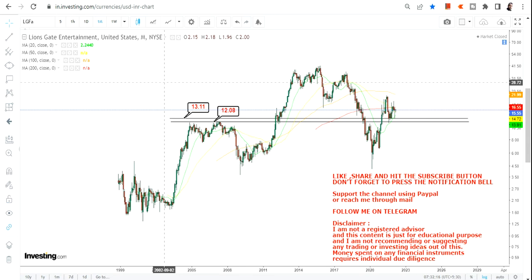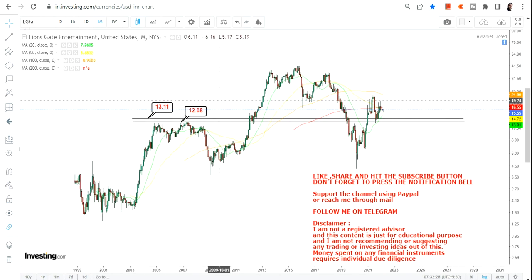Now, how to define the trend or the range out of it? That's a very big question, because only if the stock continues to sustain above $30 will we have any movement on the upside.